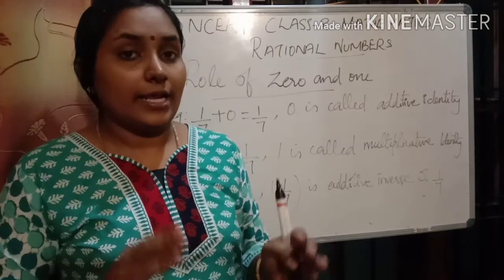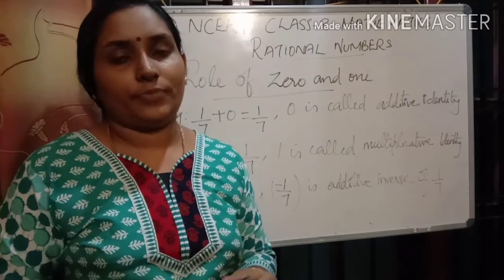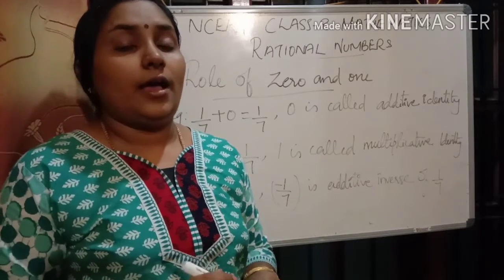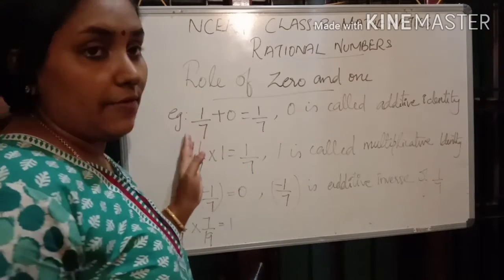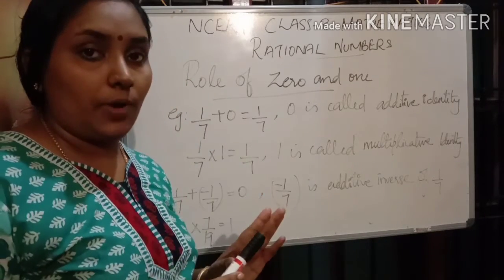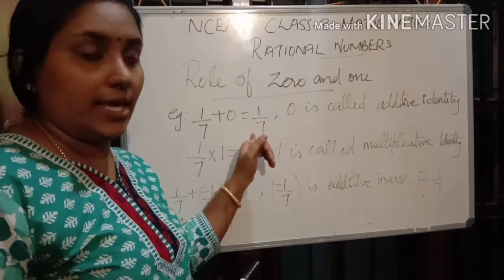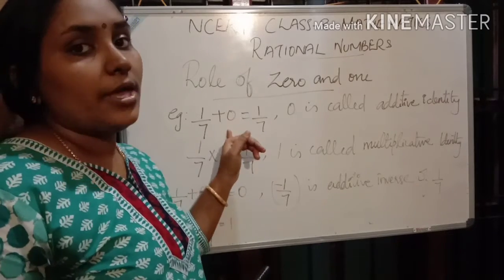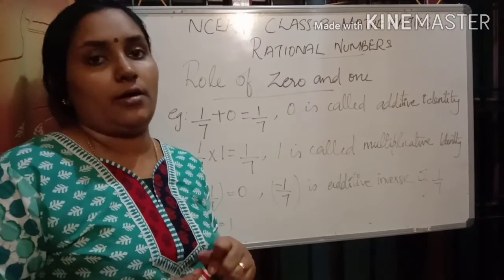So we can learn the role of 0 and 1 in rational numbers. See, while adding a rational number with 0, like 1 by 7, we'll get the same answer. So here 0 is called the additive identity of a rational number.